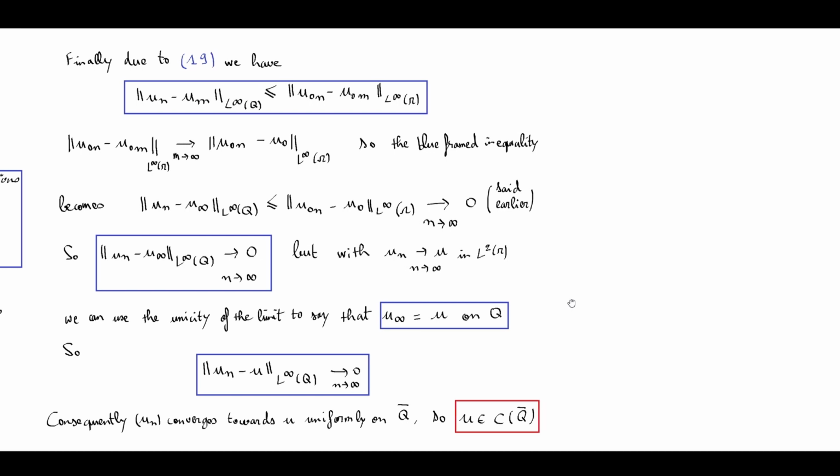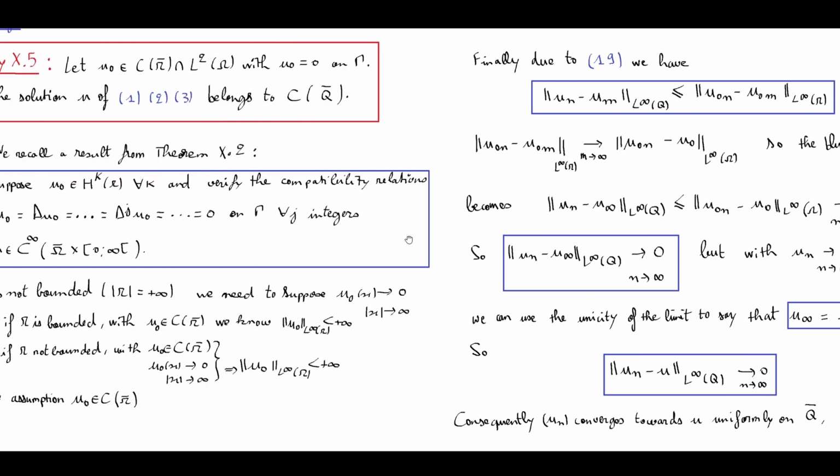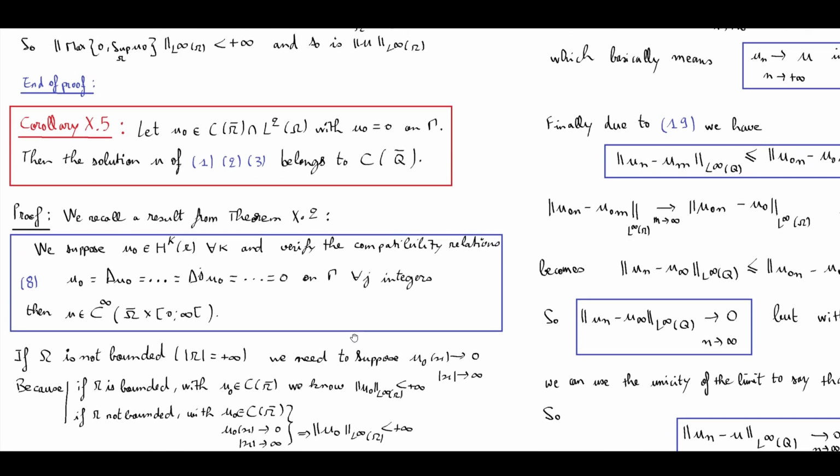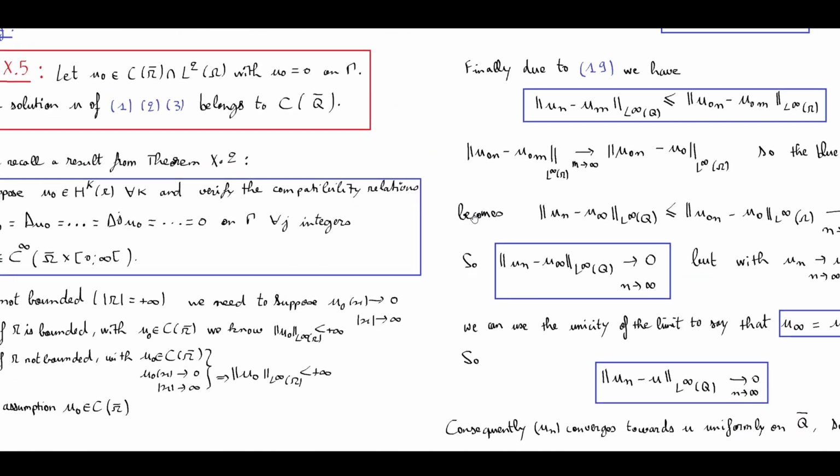Consequently, un converges towards u uniformly on Q bar, and so u belongs to C of Q bar. And so we proved the corollary 10.5.